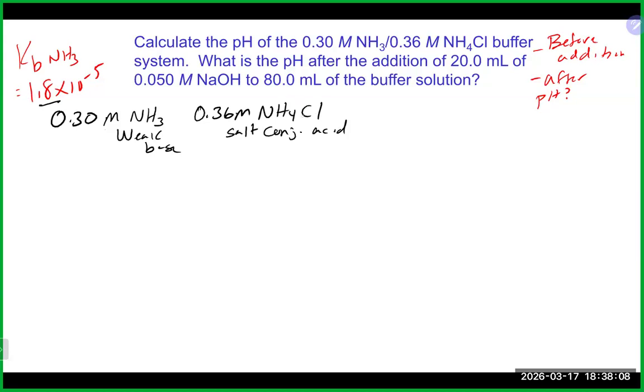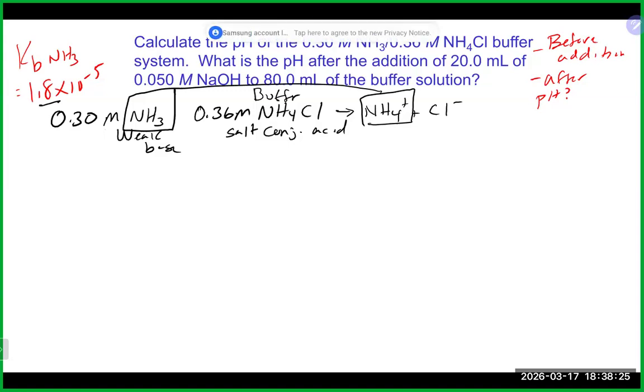That is a salt, which means it's really going to break apart into NH4 plus and Cl minus. And that is your buffer. Those are the active parts of your buffer, with the NH3 being your base in this case. And here we see the one with one more hydrogen being the acid part of the buffer. So that's your acid part of the buffer, and that's your base part of the buffer in this case.